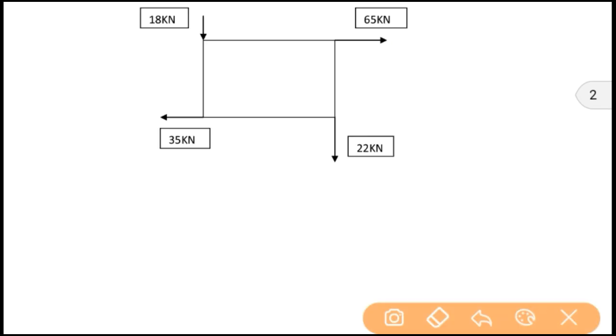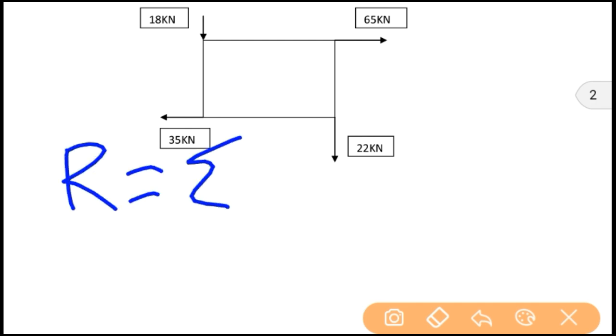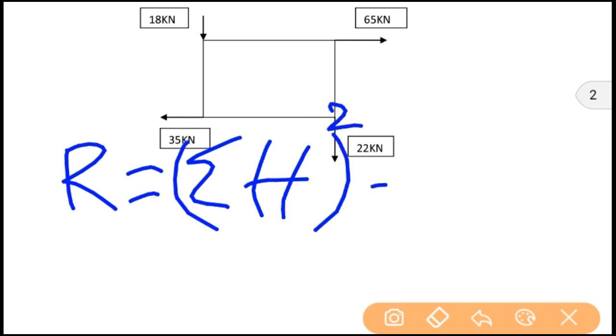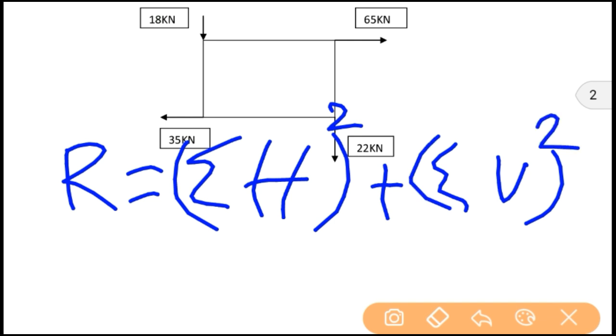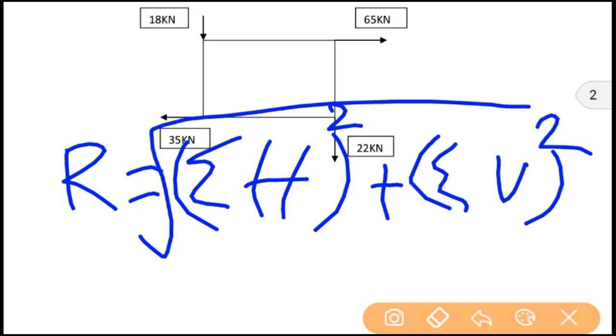For such an arrangement, the resultant R equals the root of the sum of the horizontal forces squared plus the sum of the vertical forces squared.